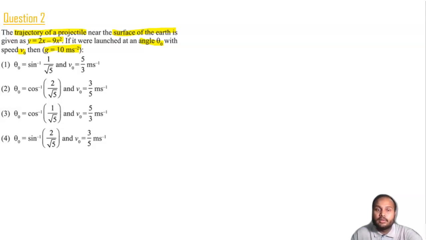So firstly, the equation of this projectile is y equal to 2x minus 9x square. Fine. And we know the equation of trajectory also.